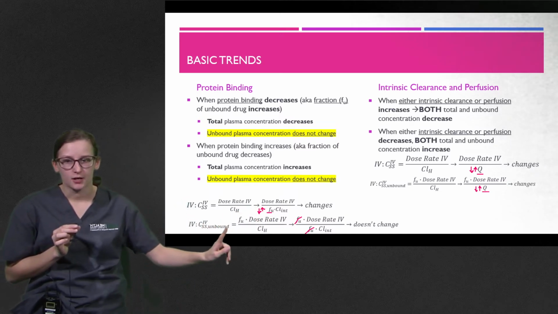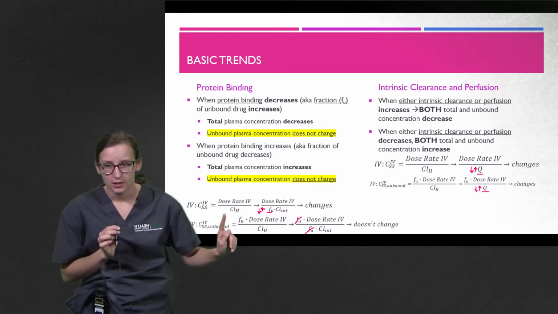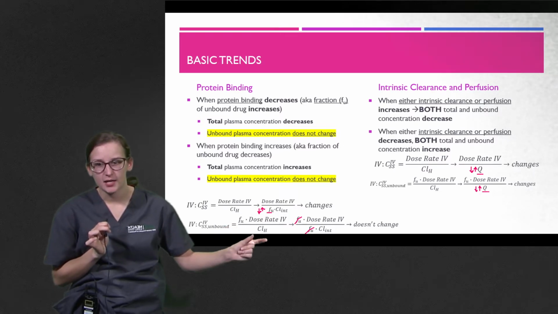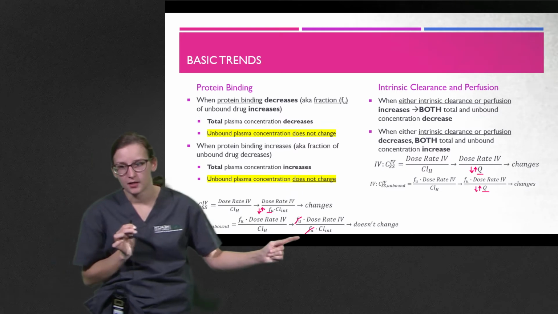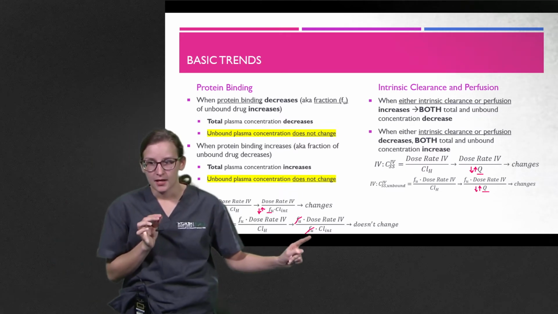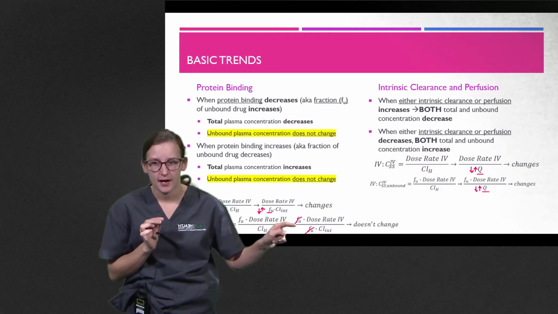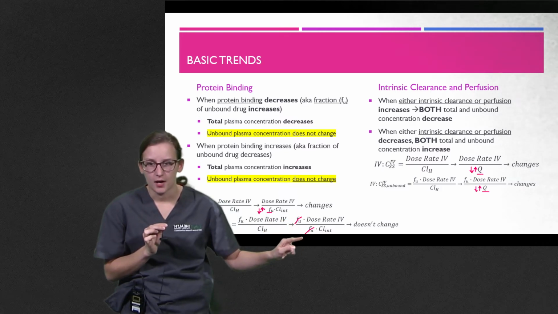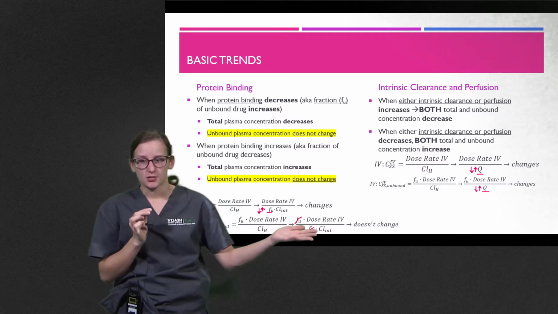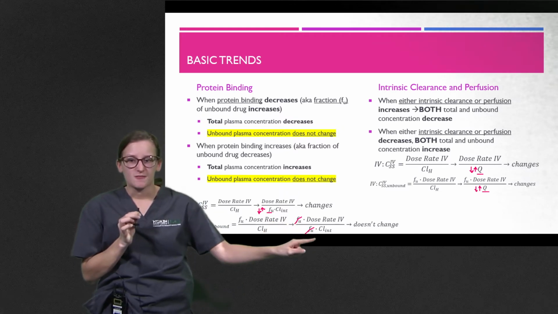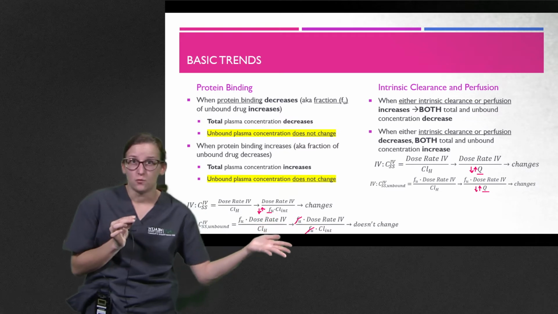We've got your fraction unbound, divided by your hepatic clearance. If we include the low extraction ratio here, we've got the fraction unbound times the intrinsic clearance, and we can cancel out the fraction unbound on both the top and bottom. So now it doesn't change. Even though this might increase, these values are the same, so it's like a ratio of 1 basically.